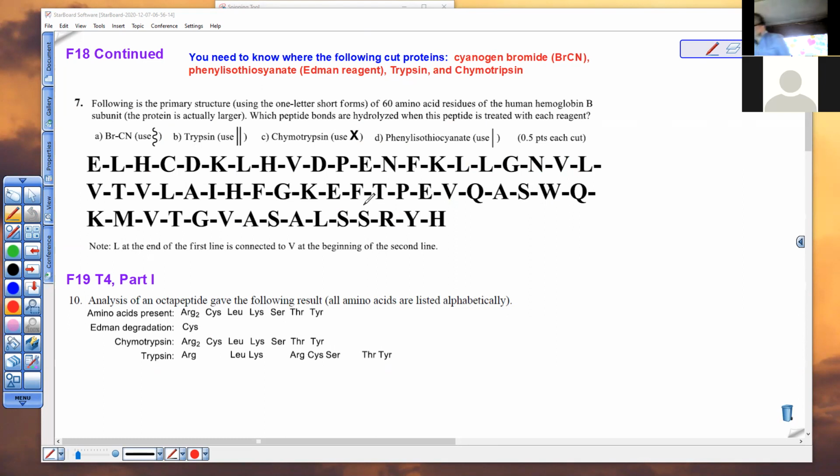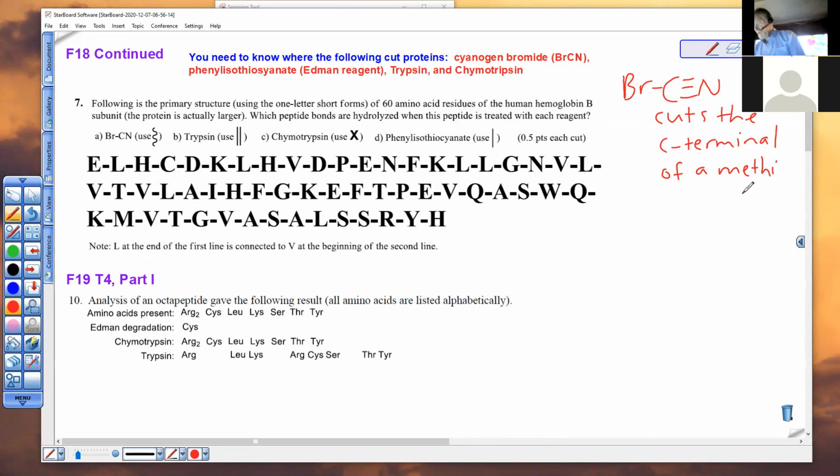So cyanogen bromide cuts the C terminal of a methionine residue.